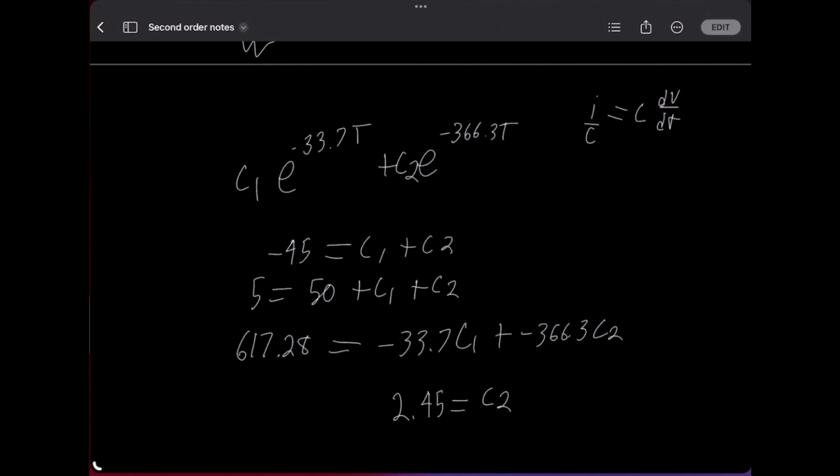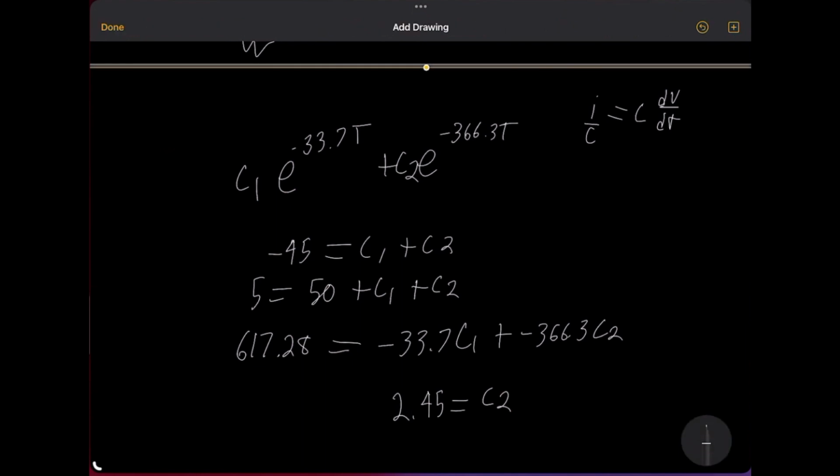The initial condition for the capacitor is 5 volts, but its final value is 50, right? Because all of that voltage from the voltage source will charge that capacitor. So you subtract the 50 over, you get negative 45, and this will be your first equation.